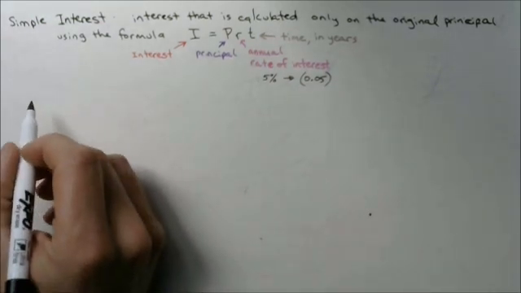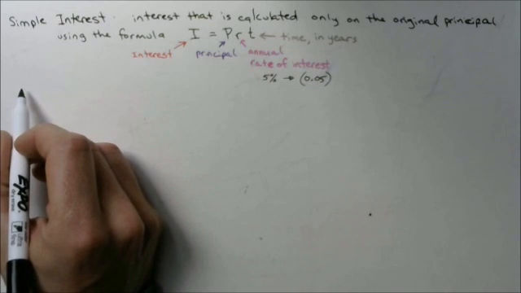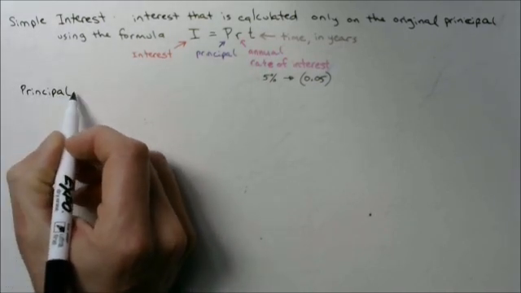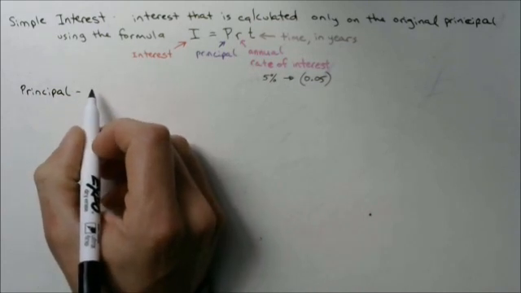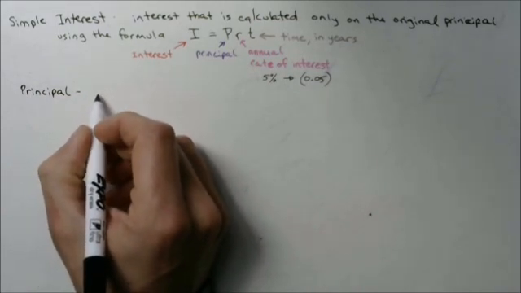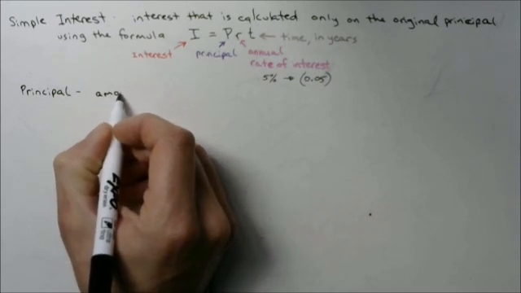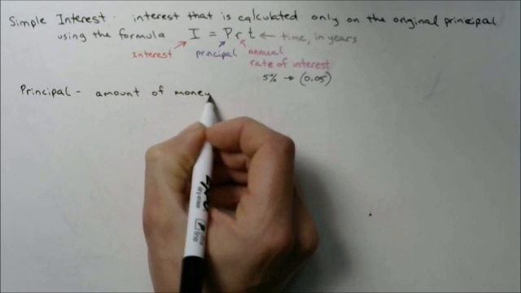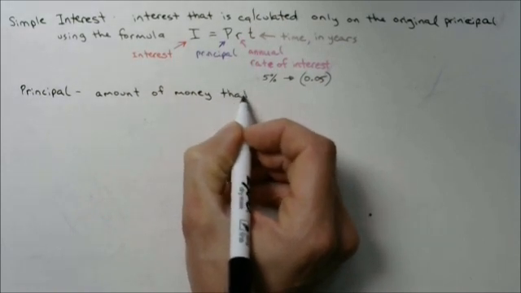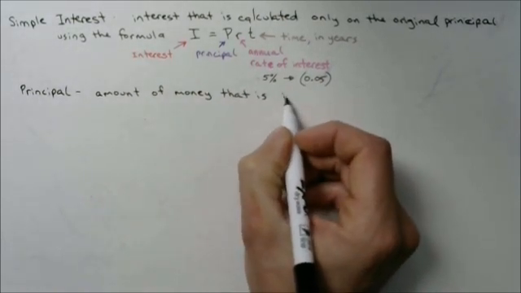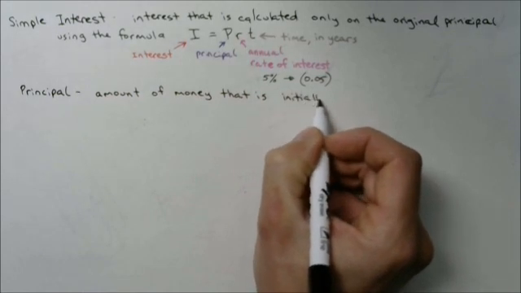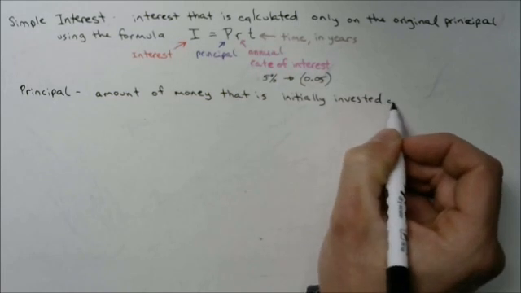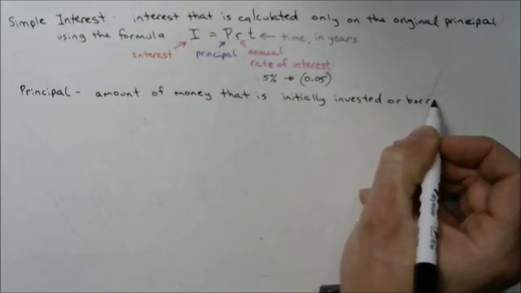So principal, let's get into our definitions from within this formula. Principal is the amount of money initially invested or borrowed.